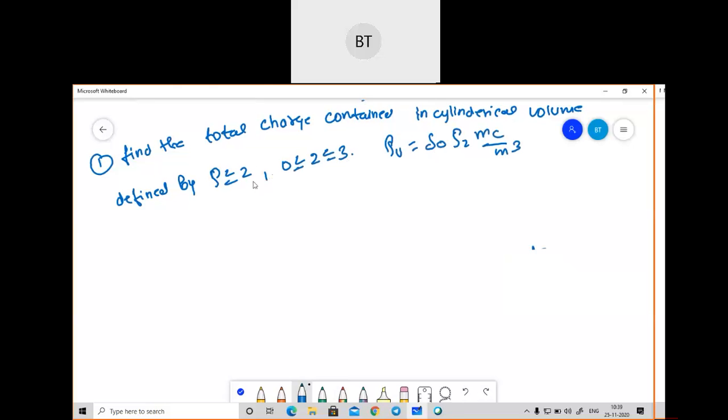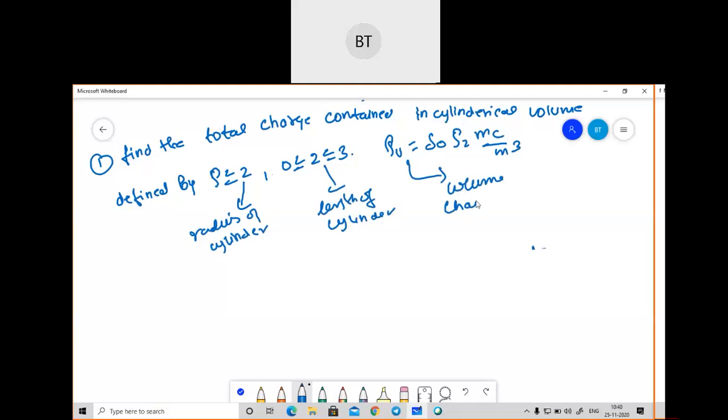So actually basically this is the radius of the cylinder, if you are not aware of this. This is the radius of the cylinder, this is the length of the cylinder, and this is the volume charge for a cylinder. So let me draw the figure, then there will be more clarity.